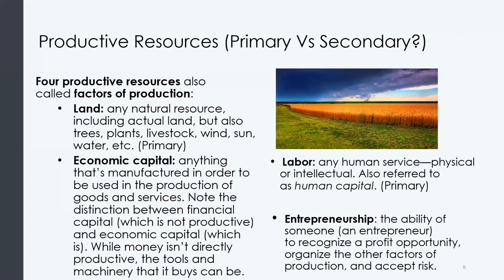The second part of labor is intellectual labor, think of your engineers, your architects, etc. If you take labor and you take land, these are called primary factors of production.